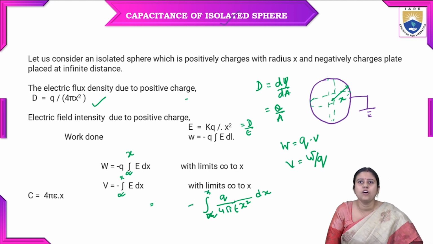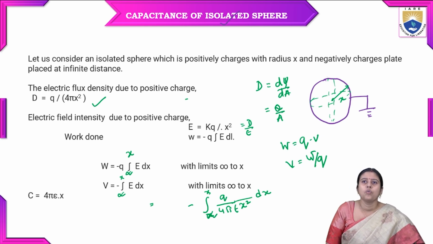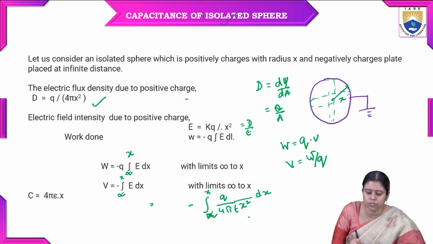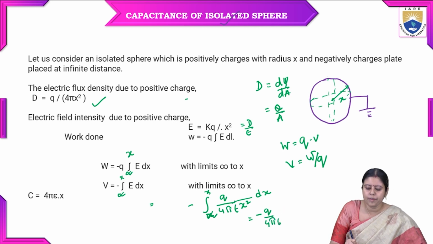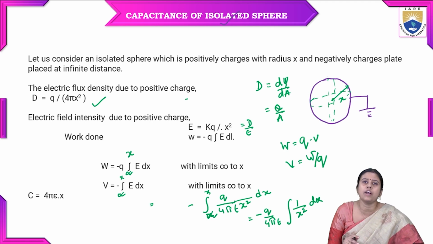After integrating this, we get the value of minus Q by 4 pi epsilon times the integration of 1 by x square dx. What is the integration of 1 by x square?